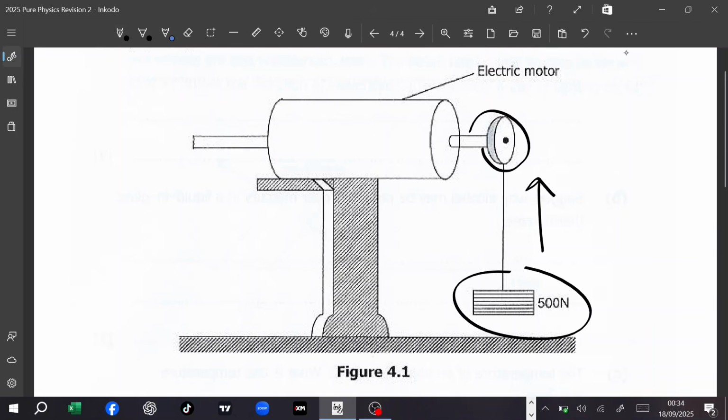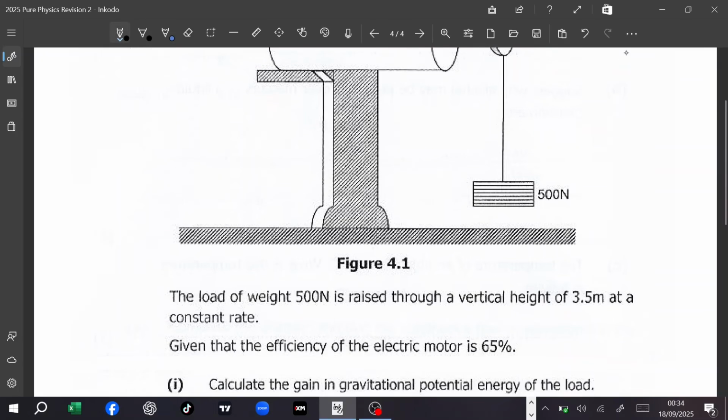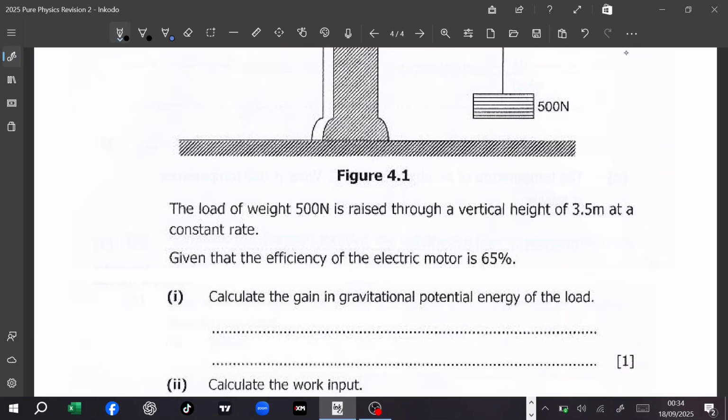Then we go down to see the question. The question says the load of weight 500 newtons is raised through a vertical height of 3.5 meters.